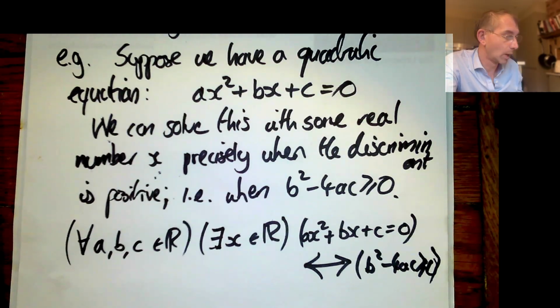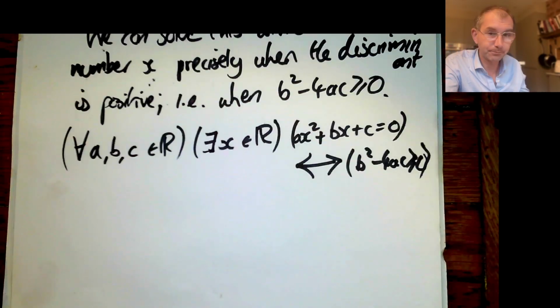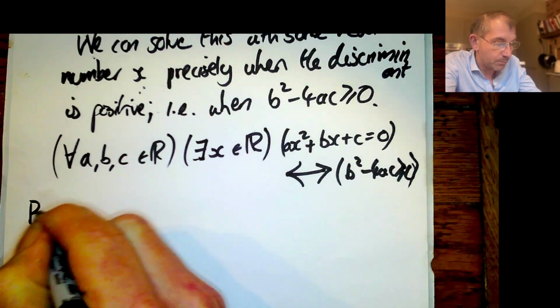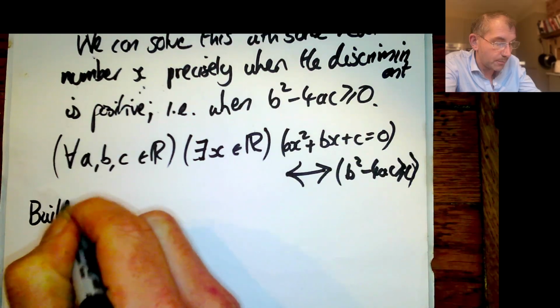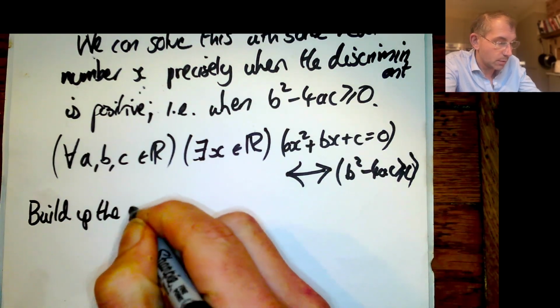Okay, so that's the sort of statement that we're going to want to discuss, and we're going to build up the various parts of it and just give them some names. So let's build up the parts of this.